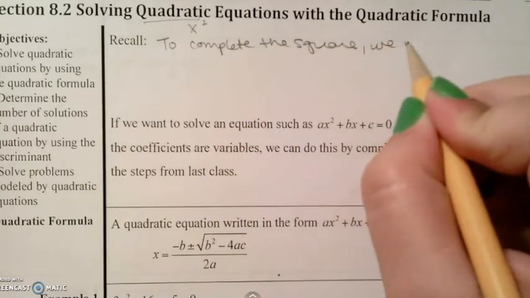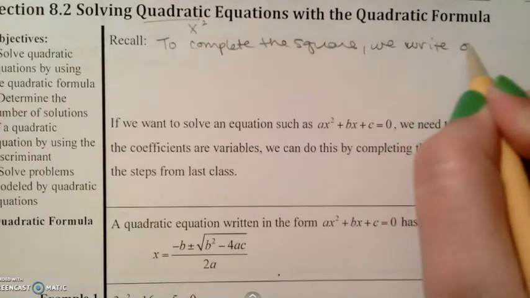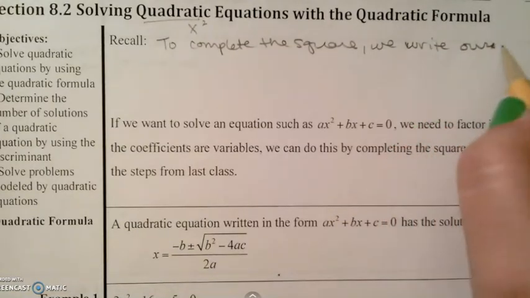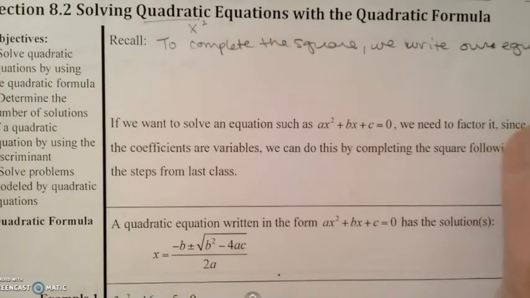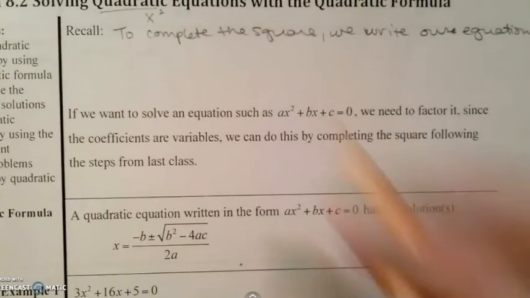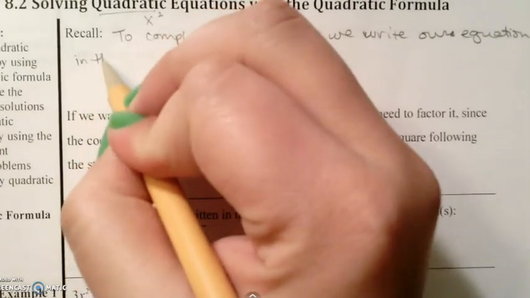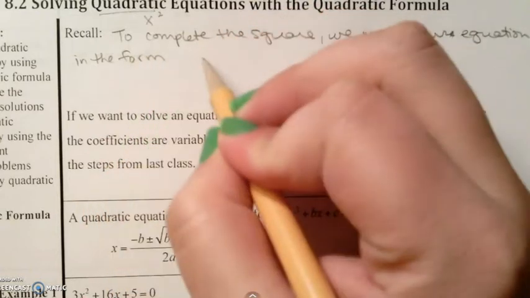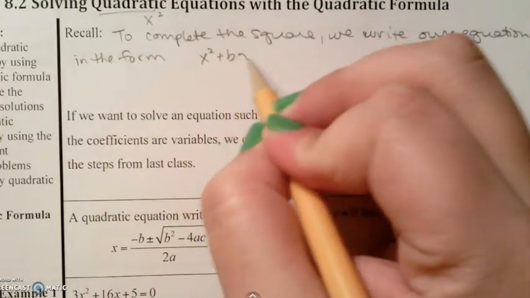we write our equation in the form x squared plus bx equals c.